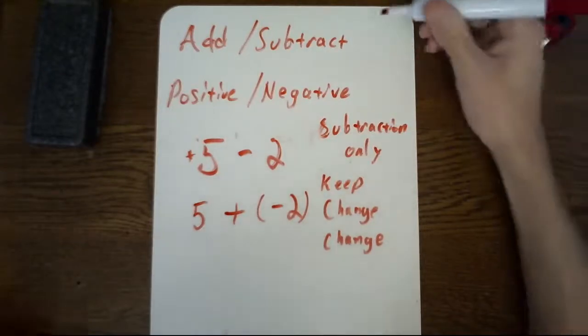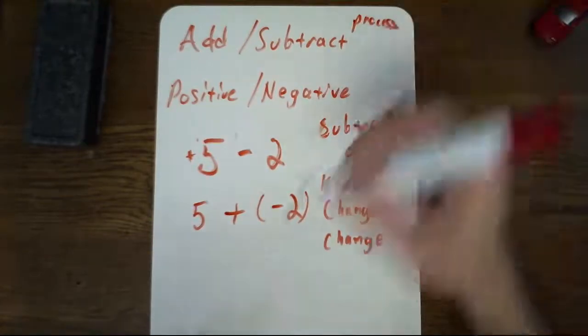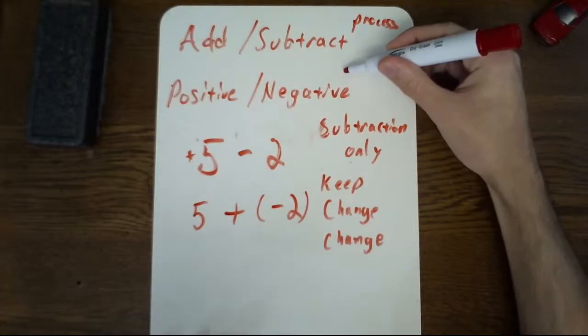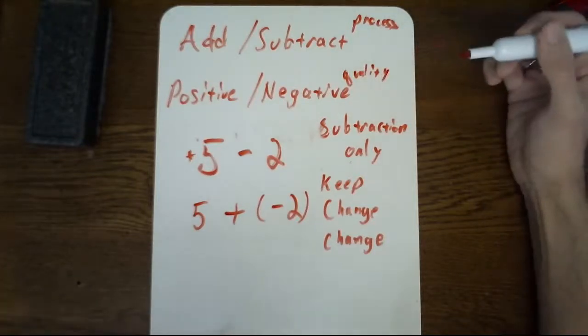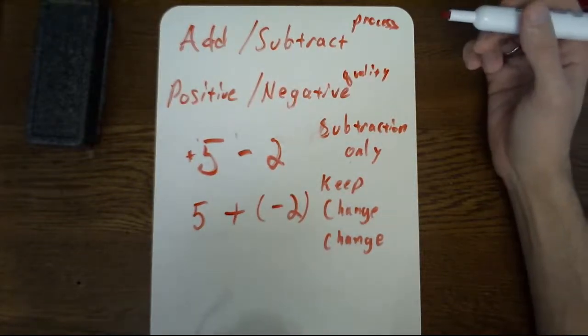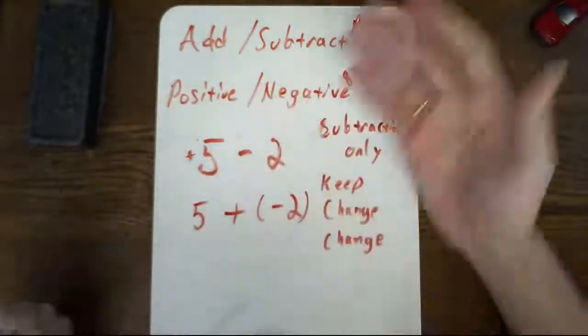And really, it's just that adding and subtracting is a process, where positive and negative is, I guess, a quality of the number. Kind of like the sky is blue or it is cold. Those aren't combinations of two things. It's just you're talking about one thing.